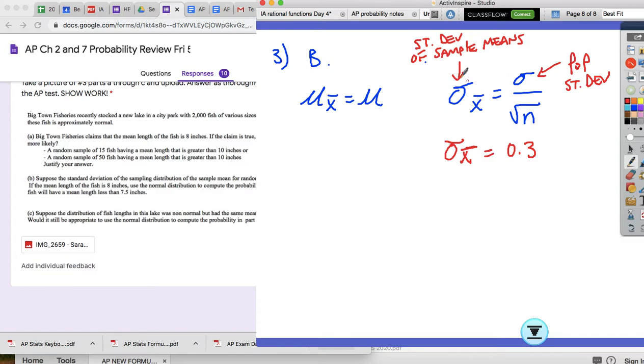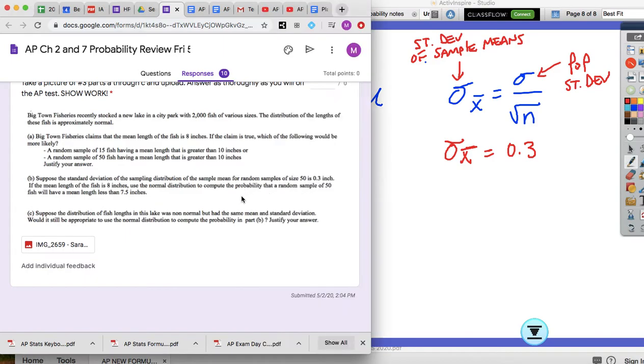They gave you the thing that we ultimately needed. So we do not have to divide this by square root of n or anything. They gave us this instead of giving us the population standard deviation. So the common wrong thing to do would be to divide this by the square root of 50 if you weren't reading it carefully.